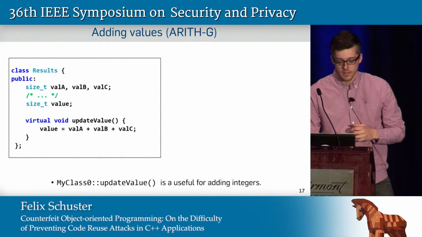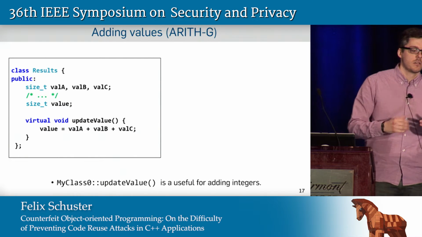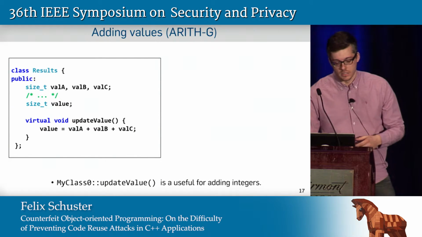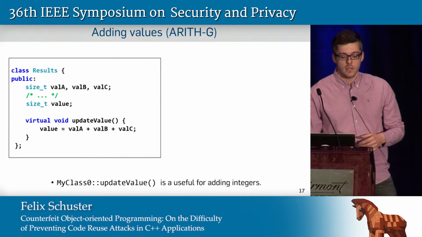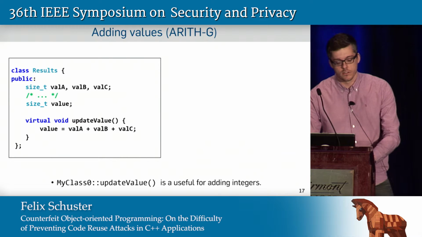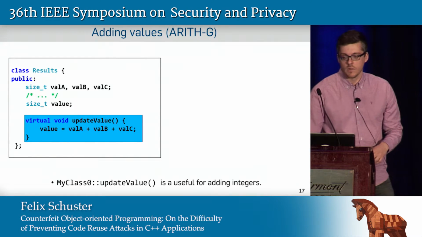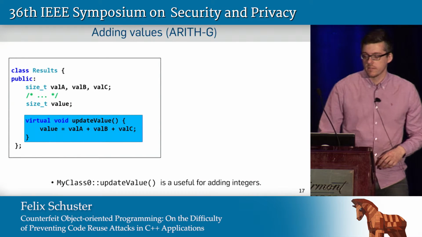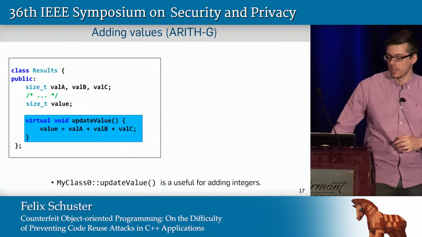Okay, first, let's say we want to add values in our attack. We want to dynamically calculate the sum of something. So consider the class Result, and the class Result has at least 4 fields: value A, value B, value C, and value. And the virtual function updateValue adds value A, B, C, and writes the result to the field value.